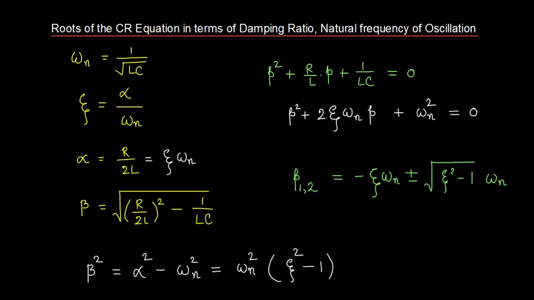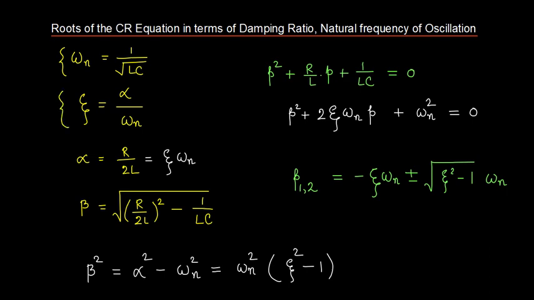Now the roots of the characteristic equation in terms of damping ratio and natural frequency. As we defined, this is our natural frequency of oscillation omega n given by 1 upon root LC.